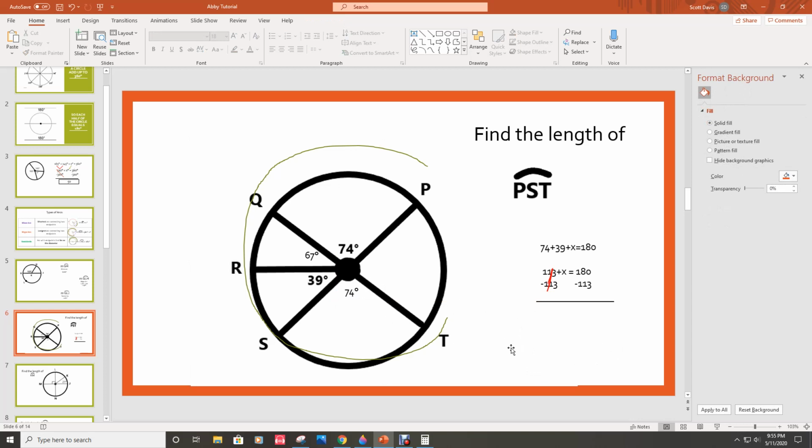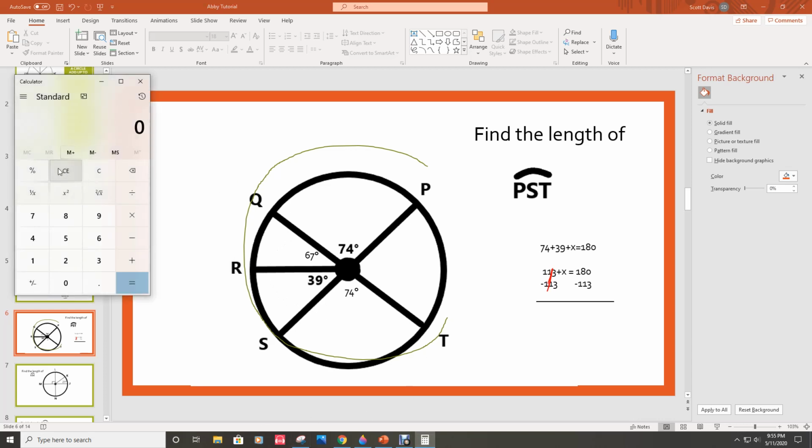But we don't even need that piece yet. But let's see what this equals right here. So we have 74 plus 67 plus 39 plus 74 equals this whole arc length right here from P to S to T is 254 degrees.